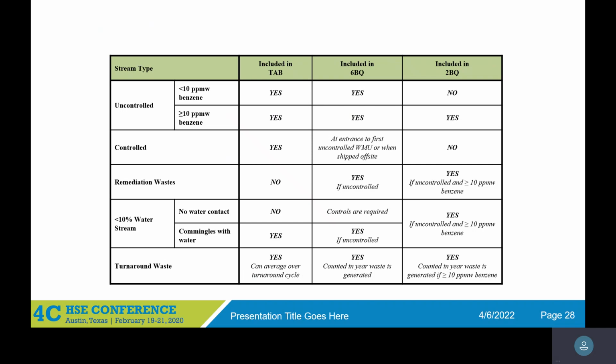So stream A, I should put the drawing up there. Stream A is 10,000 ppm.